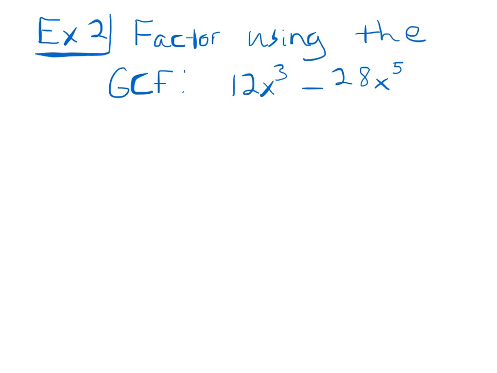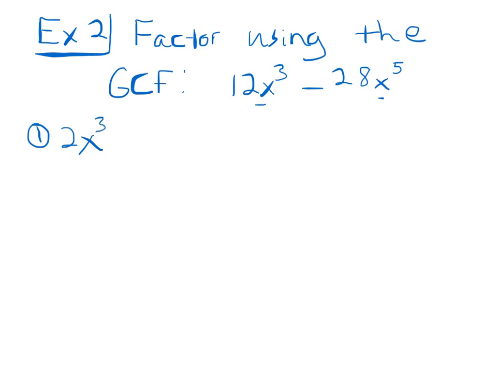I'm going to do this in my head, and I'm going to say, oh, the GCF of 12 and 28 is 2. Why don't you guys just go ahead and write this down, and then at the end we'll correct it, because I want you to see this mistake as well. So let's just say that I think it's 2. And then the GCF of the variables is, well, they both have an x, so I take the smallest exponent, so it would be 2x to the third power.